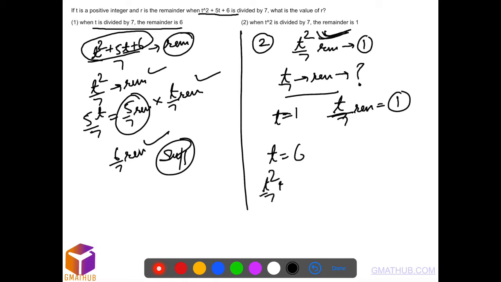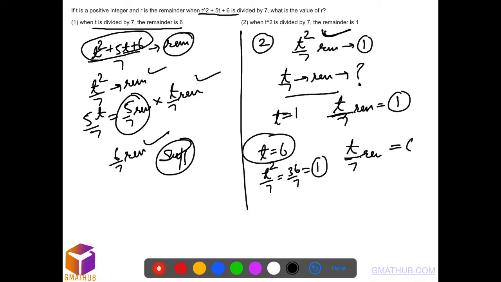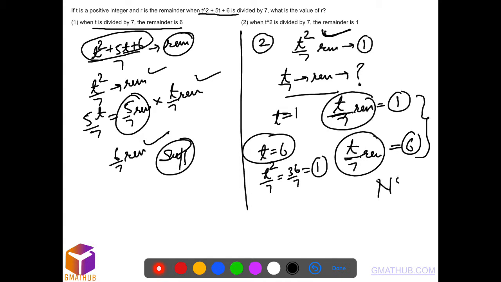T square by 7 remainder would be what? 36 by 7, 1. But if t is equal to 6, still this condition can be satisfied, which is t square by 7 remainder is 1. So t by 7 remainder in this case, when t is equal to 6, would be 6. So you can have different values of t by 7 remainder. So this is not sufficient.